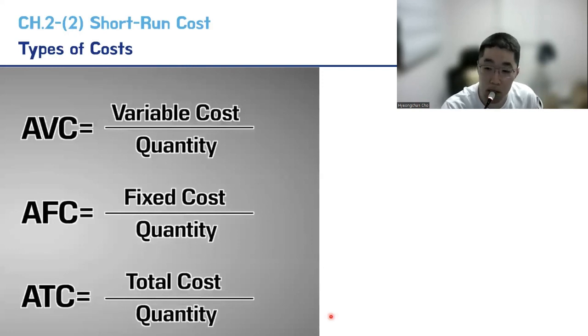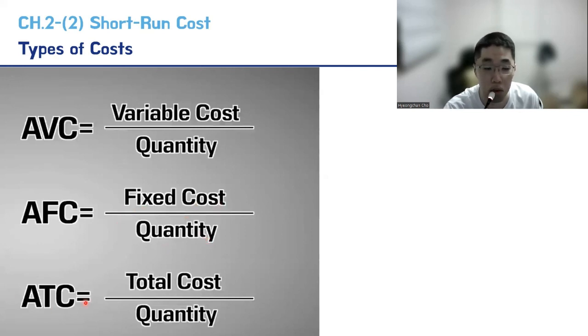So there is average variable cost, average fixed cost, and average total cost. The average variable cost is the total variable cost divided by the quantity. Average fixed cost is the fixed cost divided by the quantity.